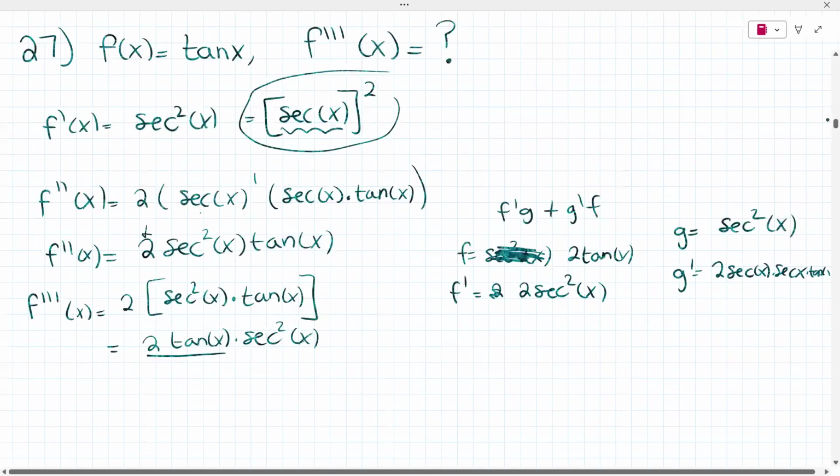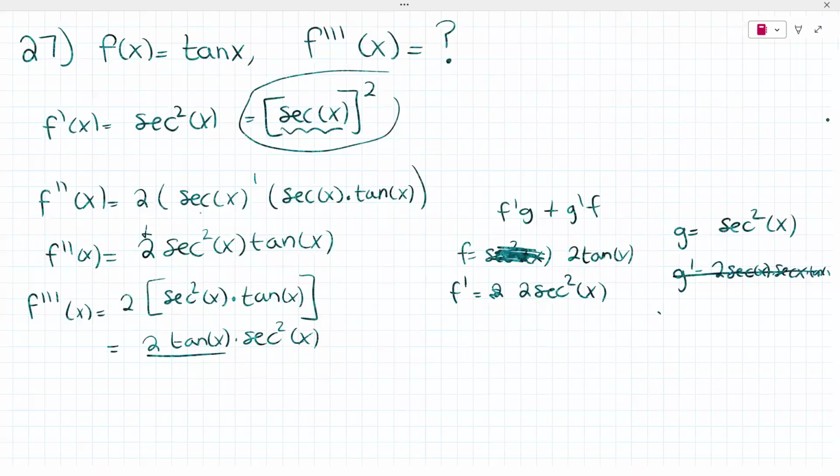So if g is secant square of x, g prime, let me write it here, is 2 secant of x times secant of x times tan of x. So we have everything we need. So just apply the product rule.